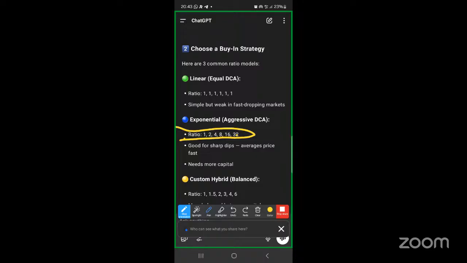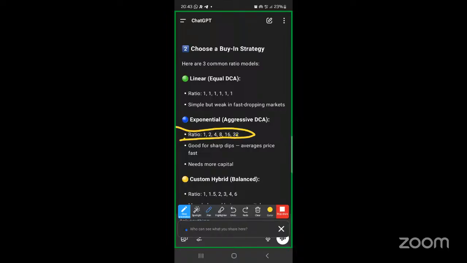It is good when the market is moving downward fast. It is an aggressive DCA. Good for sharp dips, when the coin suddenly goes from 0% to negative 10%, negative 20%.